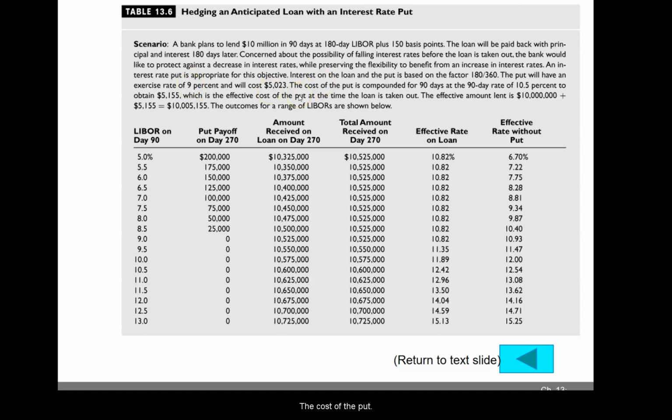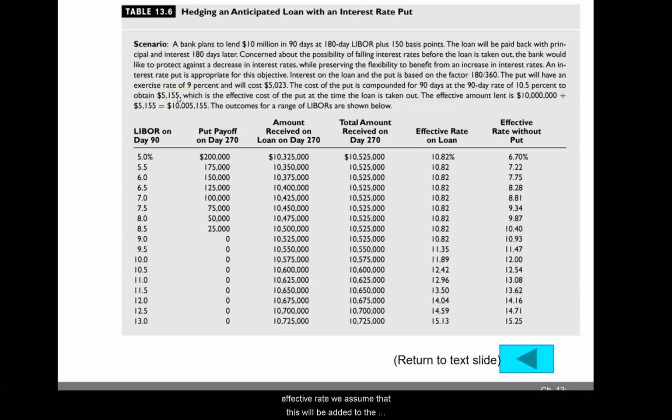Now, the cost of the put again here is something to consider. It is assumed that these $5,023 will be borrowed by the bank at 10.5%, the spot rate today, for 90 days. So 90 days later, when the put option will expire, the bank will have to pay back the loan that it borrowed to buy the put option for 5,023 plus the interest, so the total amount will be 5,155.